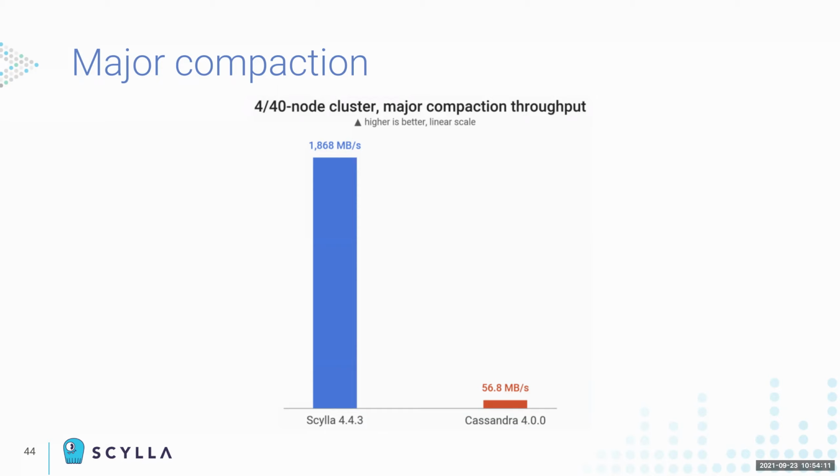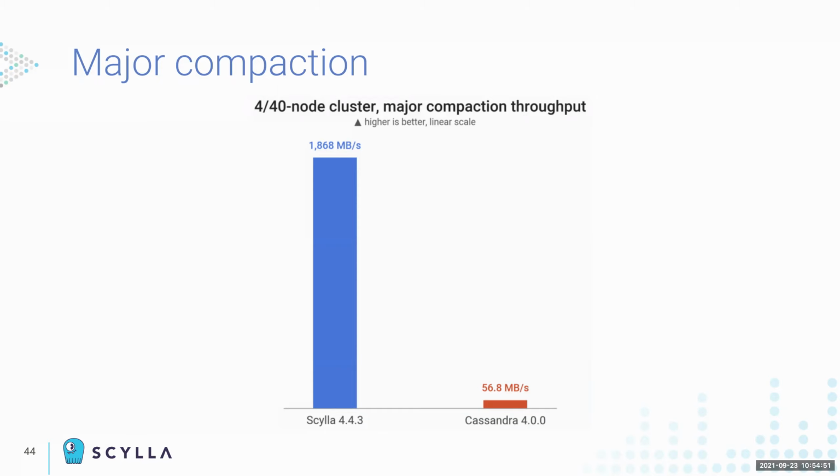So when it comes to the 4 and 40 node clusters, we wanted to give Cassandra its best run at compaction. So in this test, we run a major compaction on a single Scylla node, while in Cassandra's case, we run 10 concurrent compactions on 10 nodes, because there are 10 times more nodes in the Cassandra case. So by doing this, we essentially increase the concurrency of the compaction process by 10 times in the case of Cassandra.